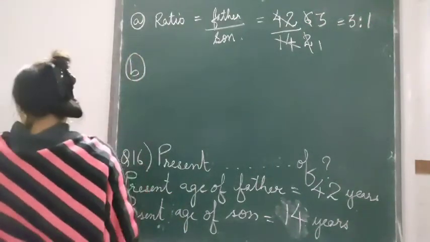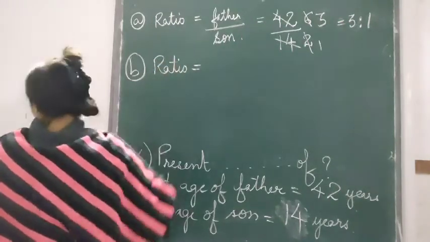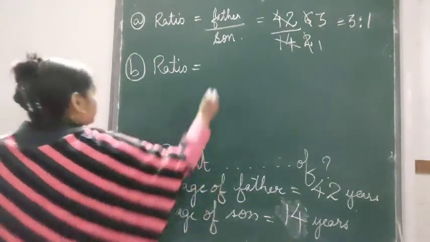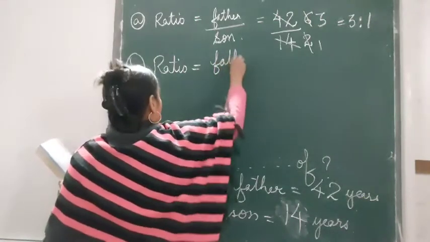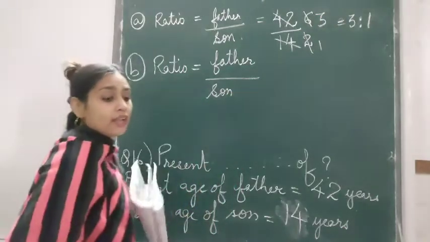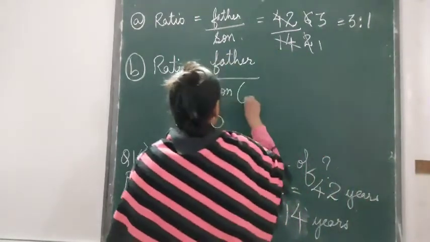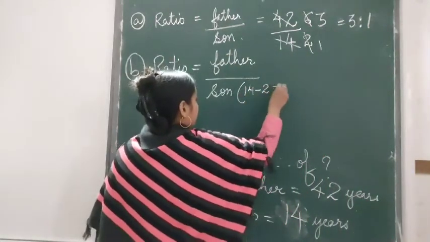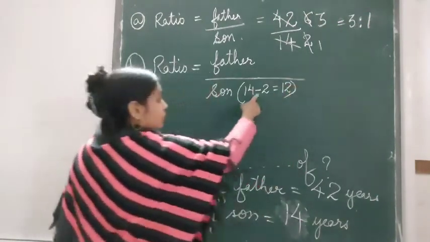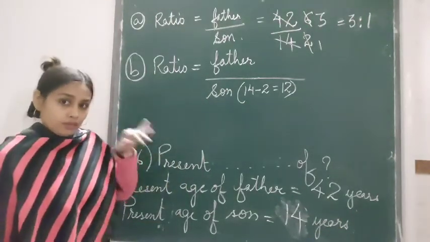Now, B part. Again we have to find the ratio of age of father to the age of son when son was 12 years old. When son was 12 years old means 2 years before, correct? So 2 years before, father's age will also be less.